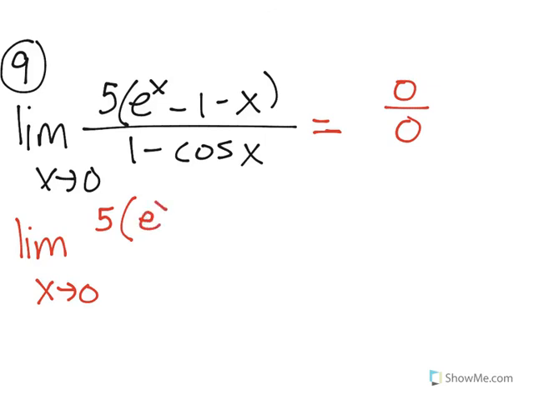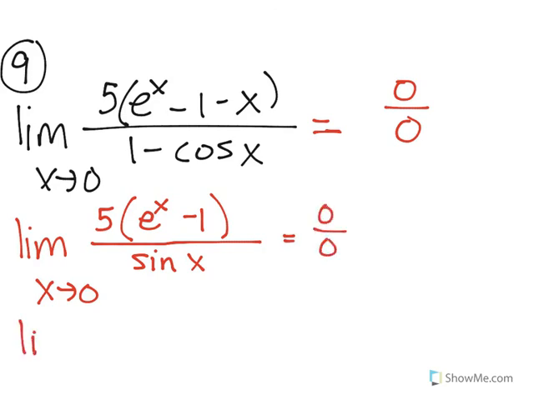You just keep the constant and take the derivative of the rest of the stuff. So it becomes e to the x minus 0 minus 1 over, the derivative of cosine is negative sine, so negative sine of x. If I fill in my 0, I get 1 minus 1 on the top, 0 over 0 on the bottom. So I'll L'Hopital it one more time.